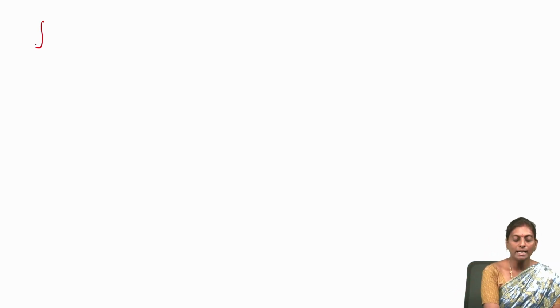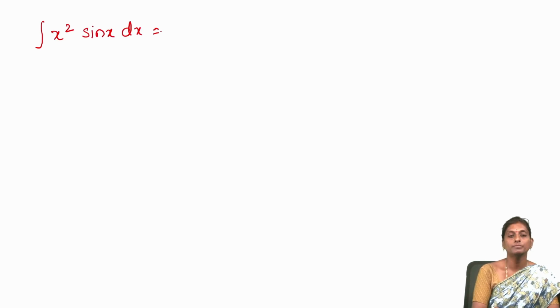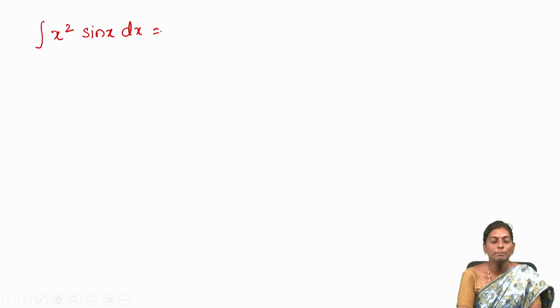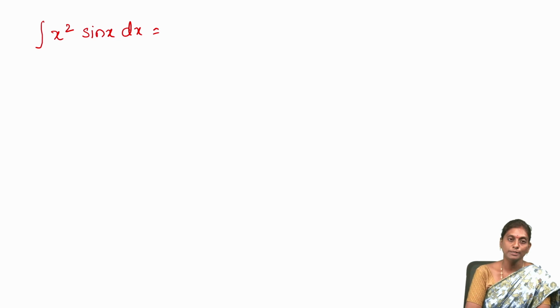Let us take one example. Here I want to calculate the integration of x square sin x dx. How do you apply the integral by parts? Instead of that, I use the shortcut formula.